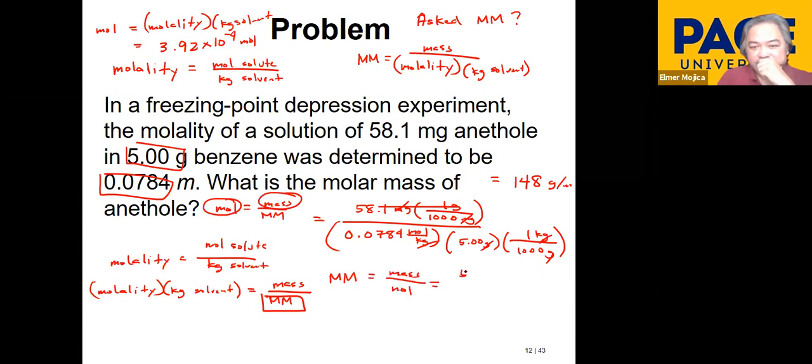So the mass is 58.1, and you're still going to convert it to gram. And then you divide it by the 3.92 times 10 to the negative 4 moles.